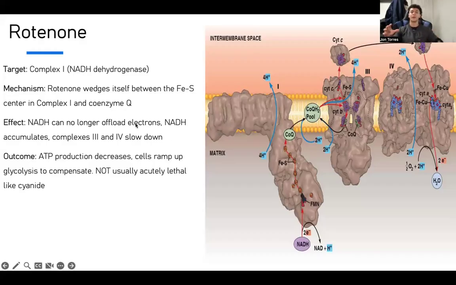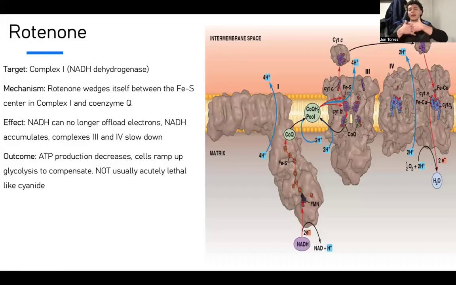So the outcome, ATP production will decrease, obviously. However, notice it's decreasing, it's not ceasing. So in this picture, we can see complex 1, 3, and 4 because these are relevant when it comes to electron transfer. However, we still have complex 2, and that's where FADH is also releasing some electrons.